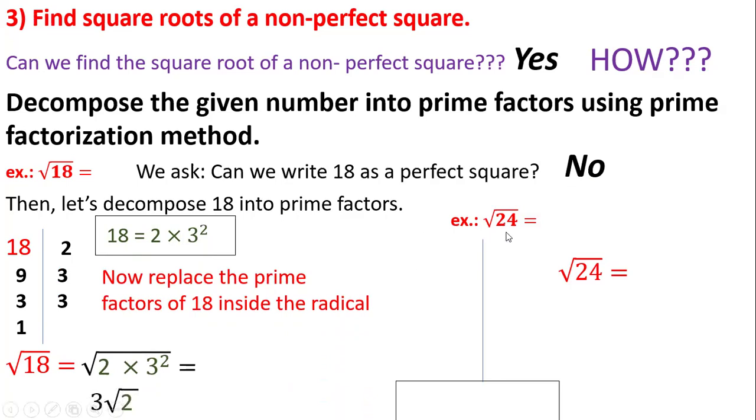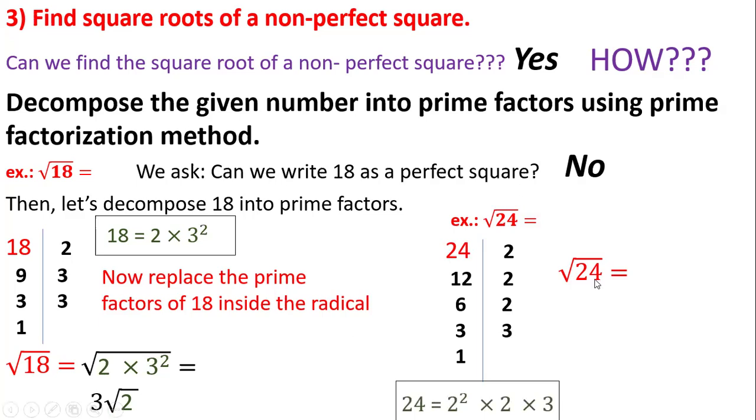Another example, radical 24. Can we write it as a perfect square? No. So we make the prime factorization, and here I write down in the box the prime factors of 24. As you can see, we have 2 three times, but we do not write it 2 cubed. We write 2 squared times 2 times 3. So these are the prime factors of 24.